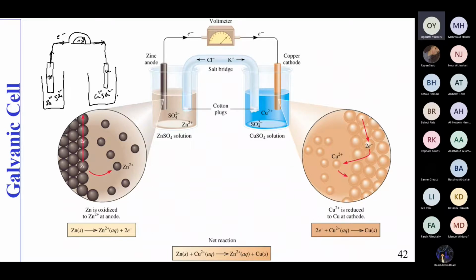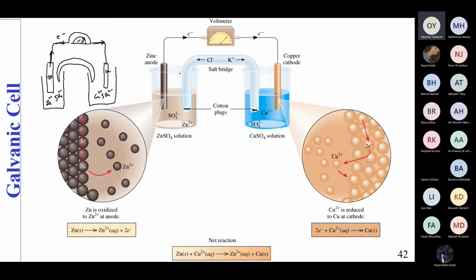When we want this system to flow, I must connect a salt bridge between the two. Here we have a potassium chloride salt bridge. These are typically plugged with cotton, or usually there's a sieve-like resin on this end, to allow only these ions to flow in and out, and not any other ions.